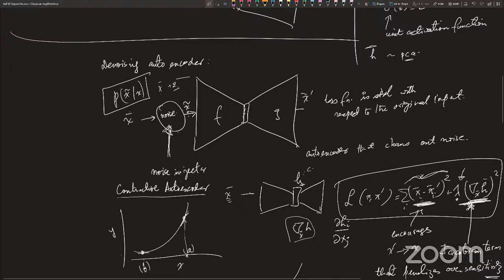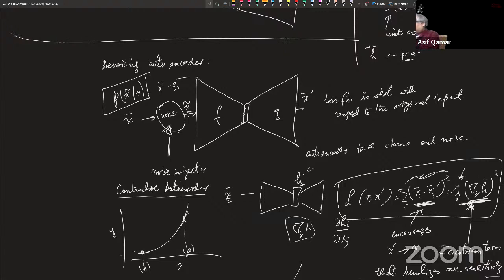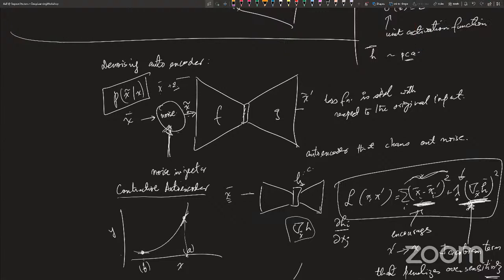And Asif, one more quick question on the context before we switch to the lab. I'm focusing on the two examples you had for autoencoders: the denoising one and the contractive autoencoder. I'm assuming a denoising autoencoder would be suitable in situations where I have a grainy image and need to extract meaningful content from it.